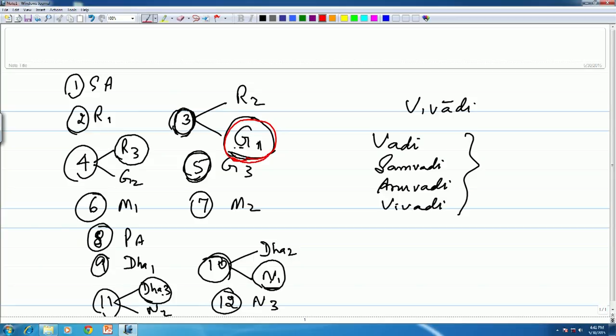Now this is any raga which has G1 or by the same argument Re3. If a raga has this swarasthana, by default it will be G2. The swarasthana will be called G2. Only when it also has this swarasthana, fifth, then this will be called Re3.